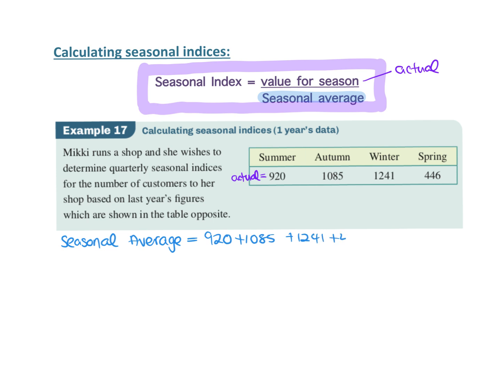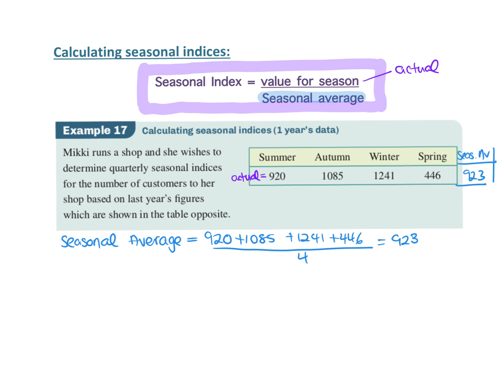I'm going to add them all up and divide by 4 and I get 923. So this is the seasonal average, 923. Sometimes we might add a season average column, or they'll tell you what the seasonal average is.